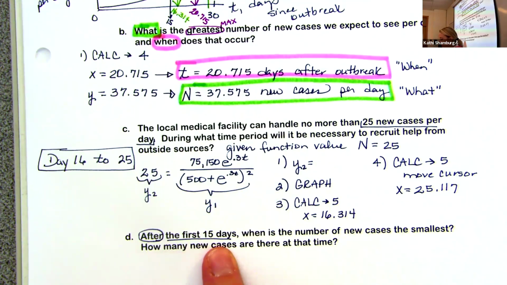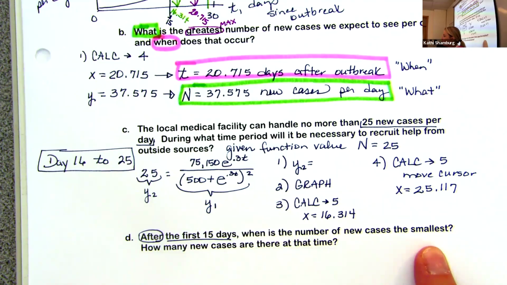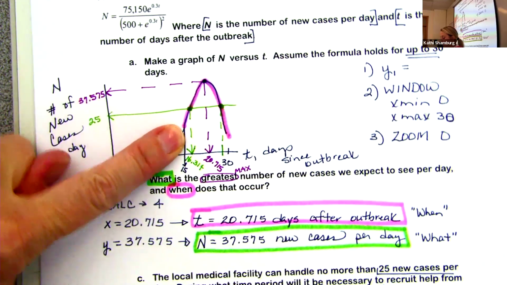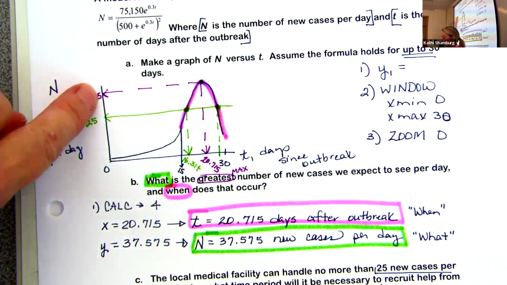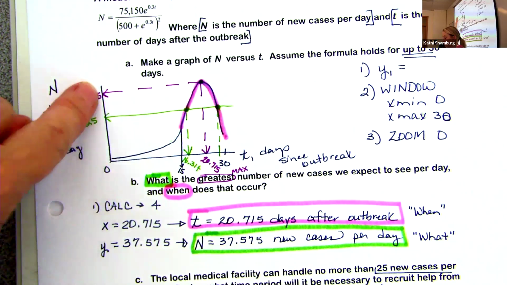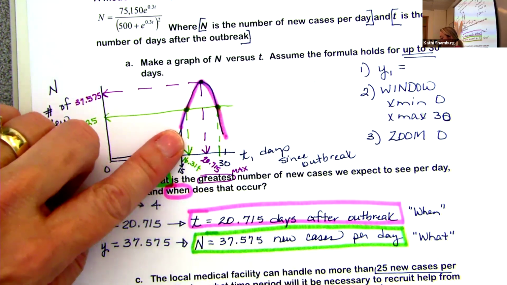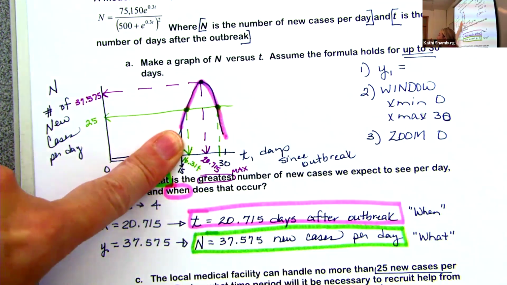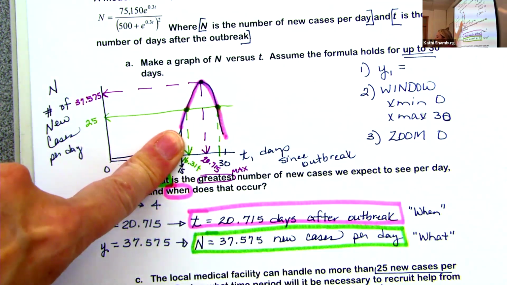After the first 15 days, when is the number of new cases the smallest? So here's my highest level of new cases. So the closer we are to the bottom of this is my smallest cases. So where on my pink highlight is the lowest point?